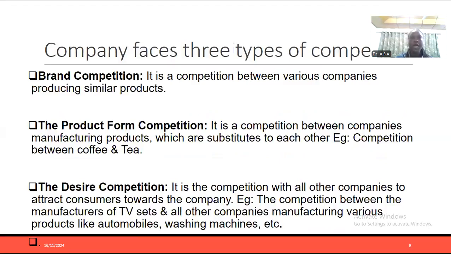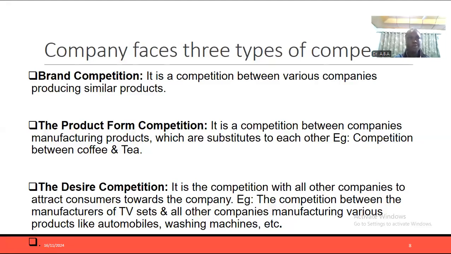All right. So for every business organization, you are likely to face three types of competition. We can talk about the brand competition. You can have the product form competition, and then the desire competition. Brand competition is a competition between various companies producing similar products.